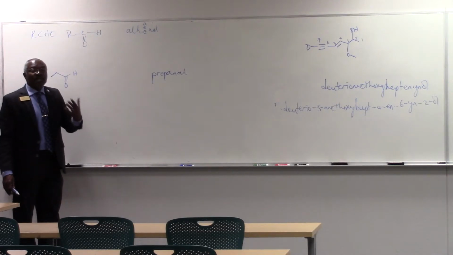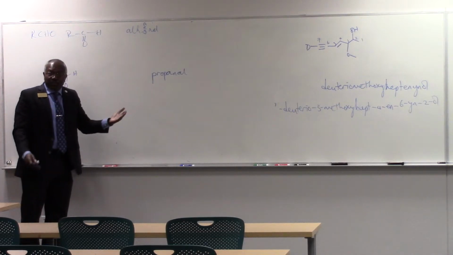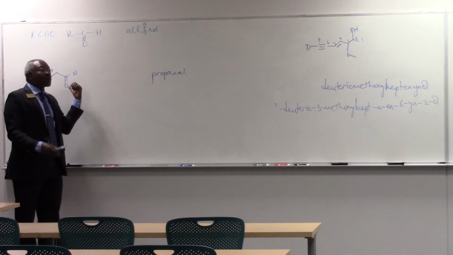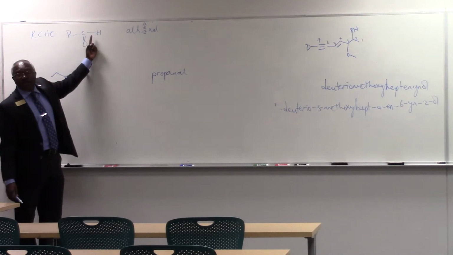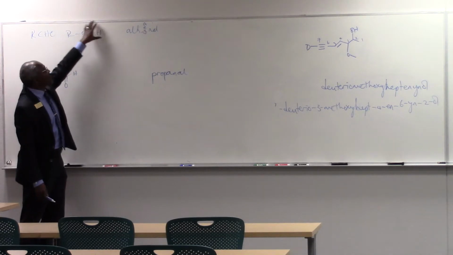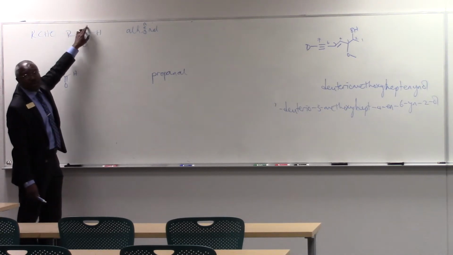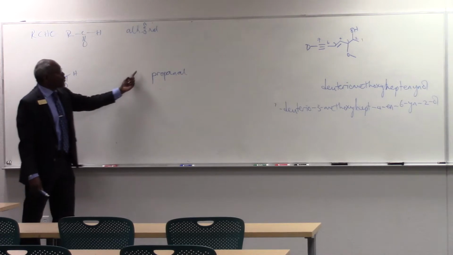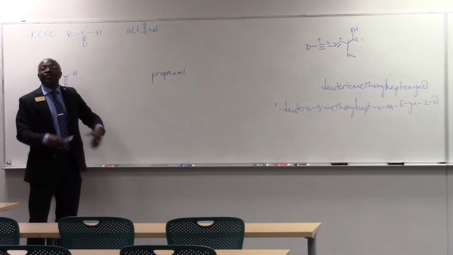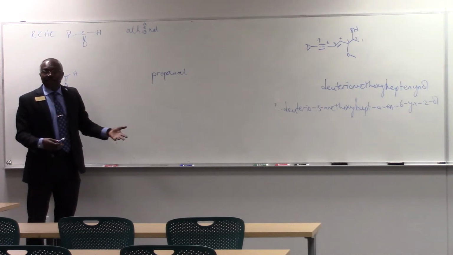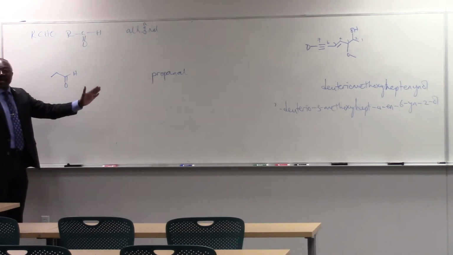And since the carbonyl group is the major functional group, well then it has to be carbon number 1. There are no carbons here. If that's a major functional group, that must be carbon number 1. So I'm not going to say 1-propanal, the 1 is superfluous. So this is simply propanal.